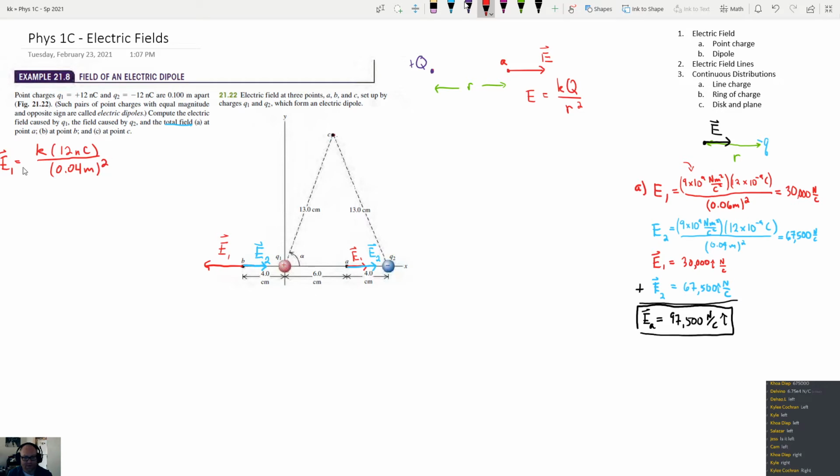And I'm also going to multiply, we'll just do this all in one step, by negative I hat right here, because it points to the left. And I think this calculation should be the same as that calculation right there. So this should be negative 67500 newtons per coulomb times I hat.